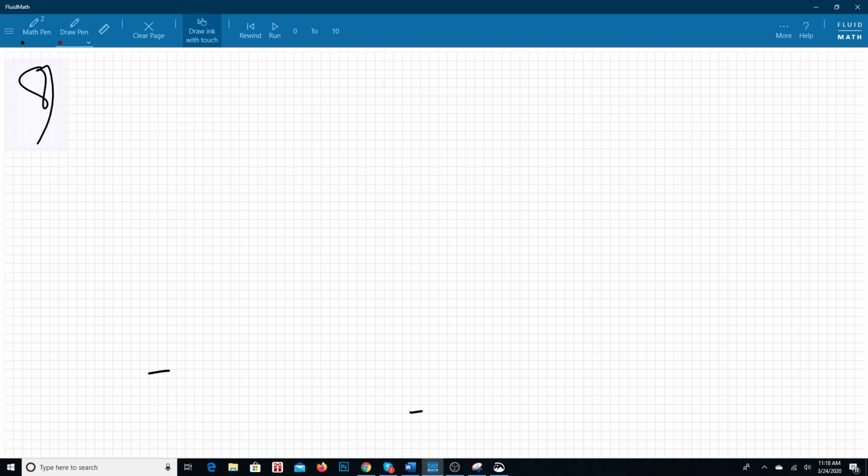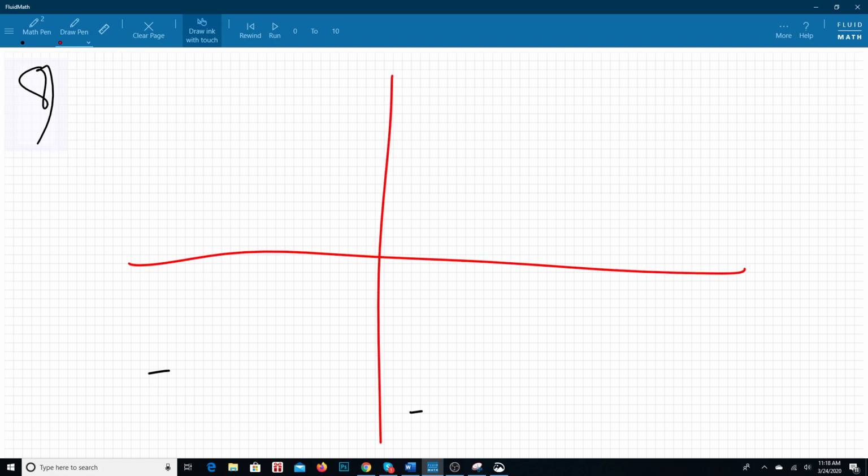If you're looking at how to label, we have a coordinate plane like that, and this is from 0 to 2 pi. So this is going to be pi over 2. This is going to be pi. This is going to be 3 pi over 2. This is going to be 2 pi.